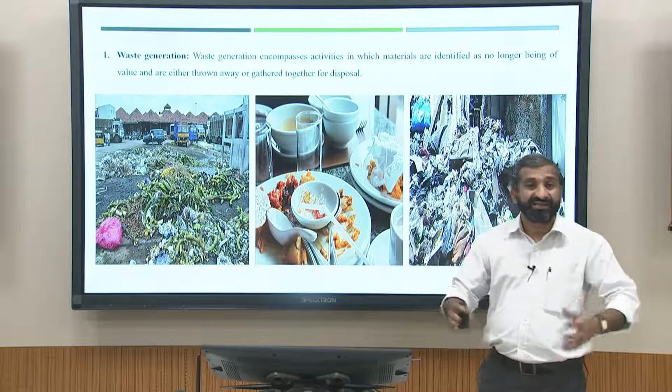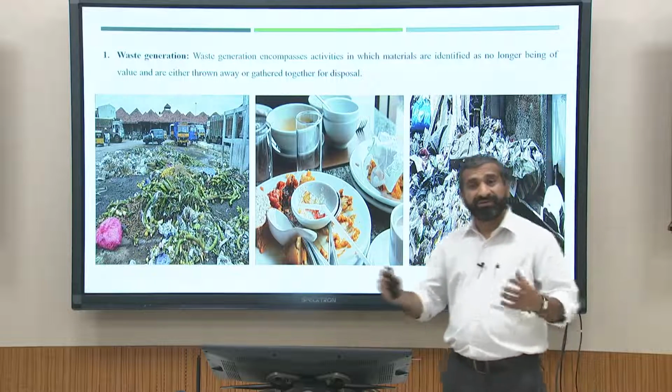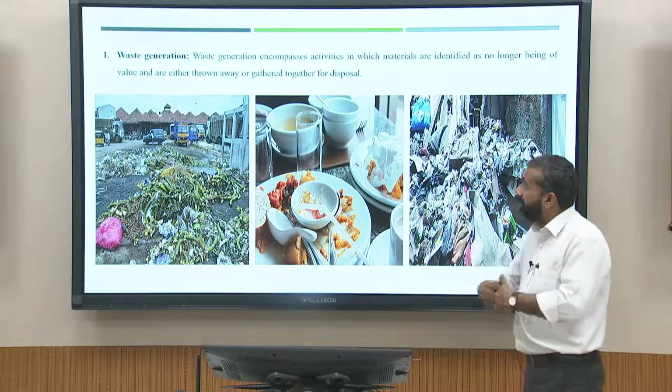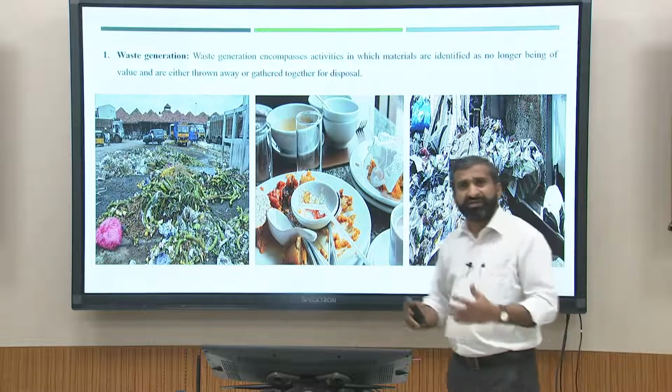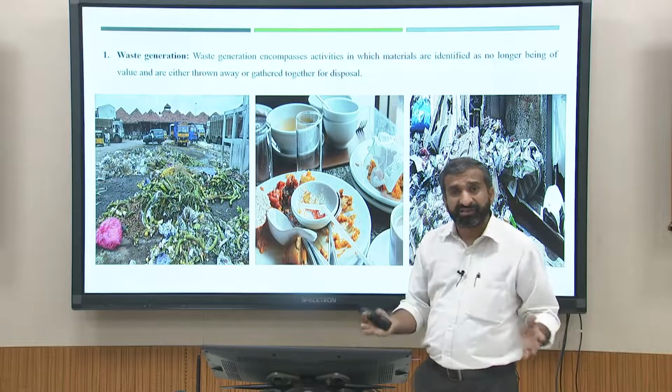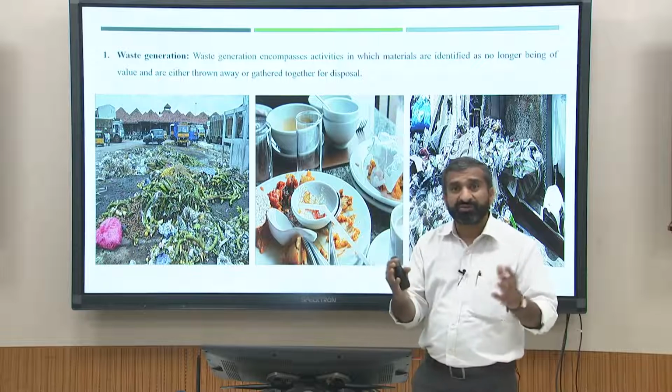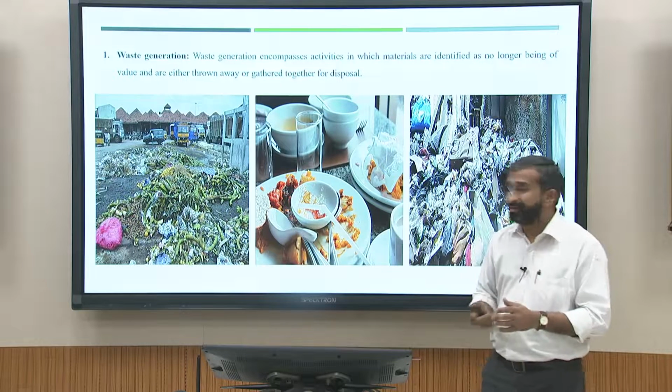Based on these characteristics we can propose the different kinds of treatment process before it goes to the disposal area. You also need to know the total quantity produced, because to design the disposal site or landfill site you need to know how much volume of waste is getting generated.